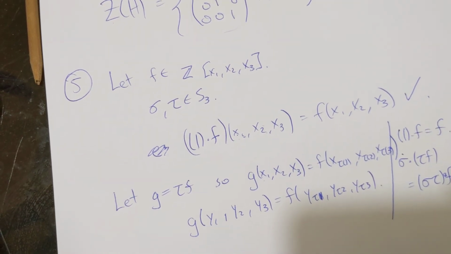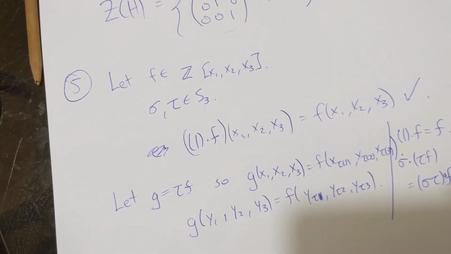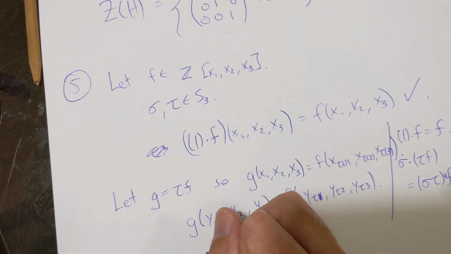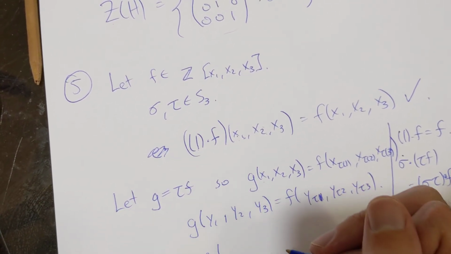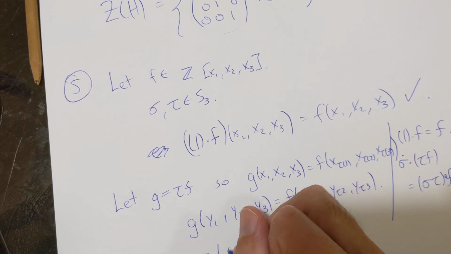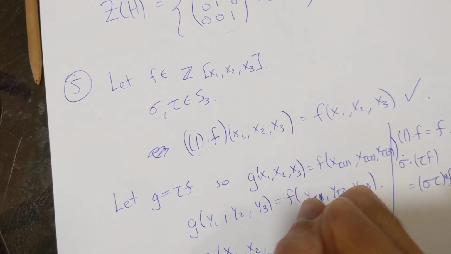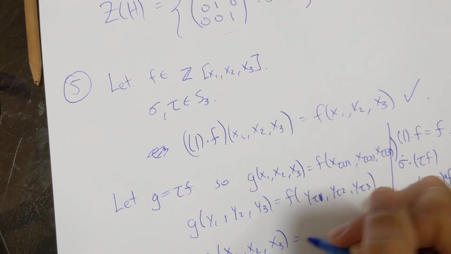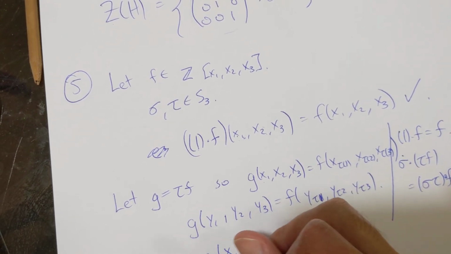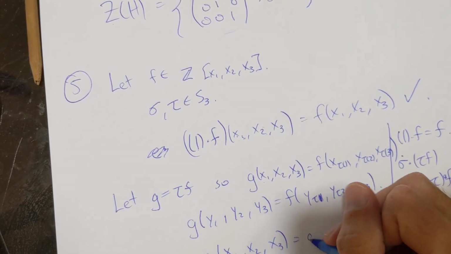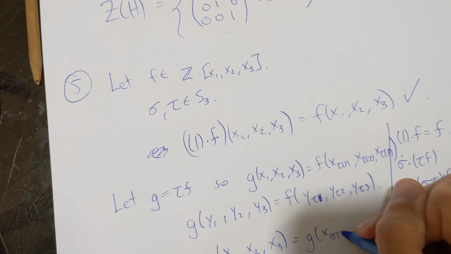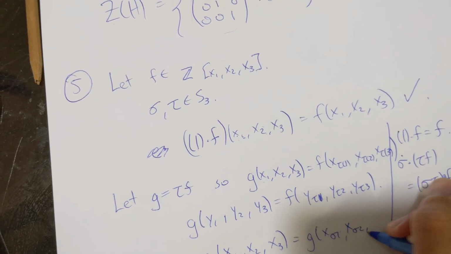How does that help us? Well, now we're going to apply sigma to g. Because sigma of g, of x1, x2, x3, is just g of x sigma 1, x sigma 2, x sigma 3.